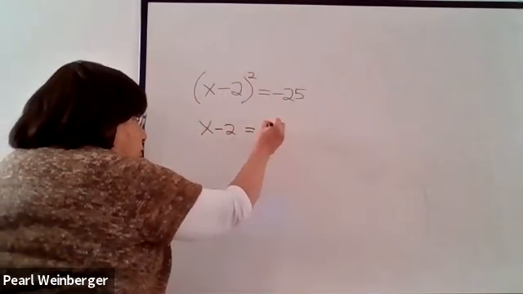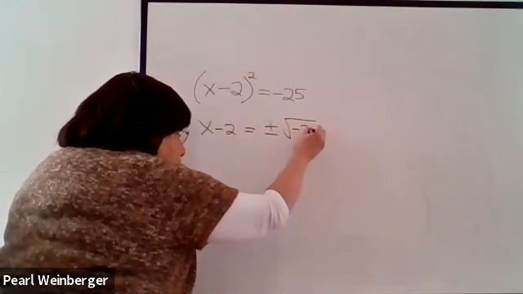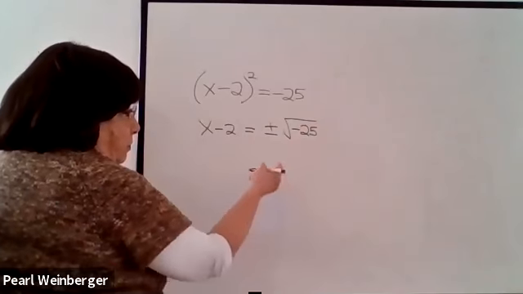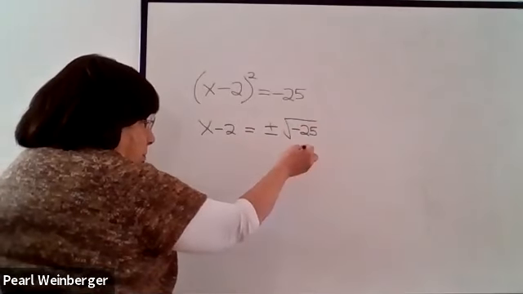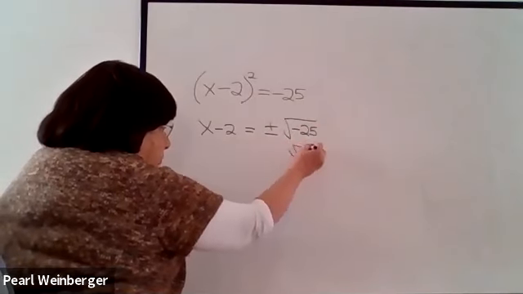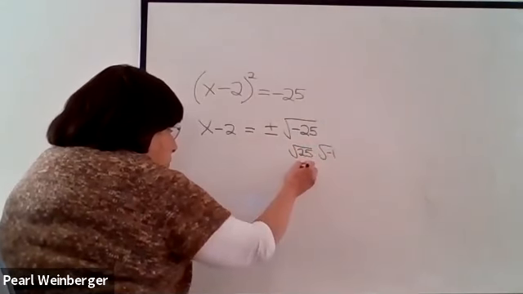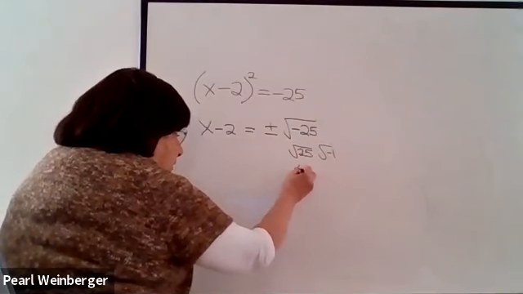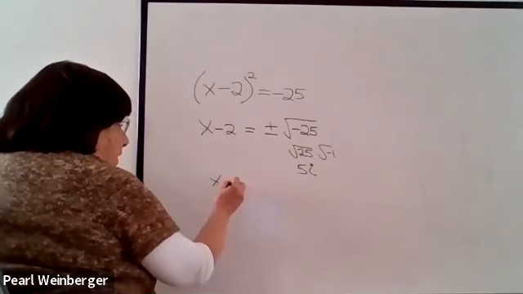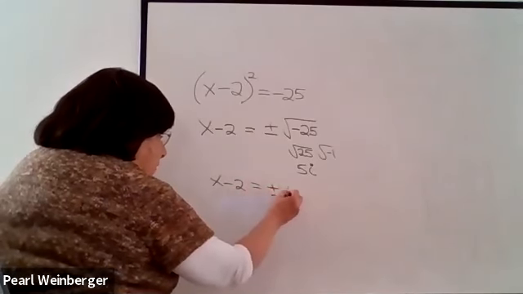And on this side, we'll do plus or minus the square root of negative 25. The square root of negative 25 is the square root of 25 times the square root of negative 1, which is 5i. So in simpler form, we get x - 2 equals plus or minus 5i.